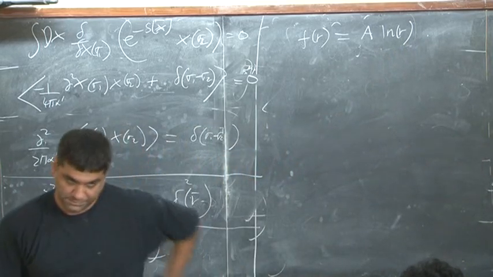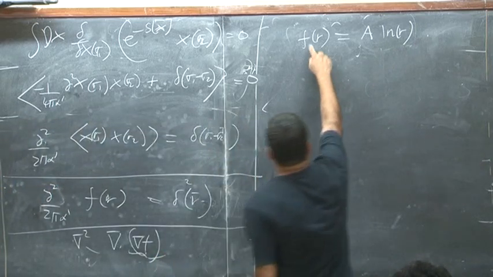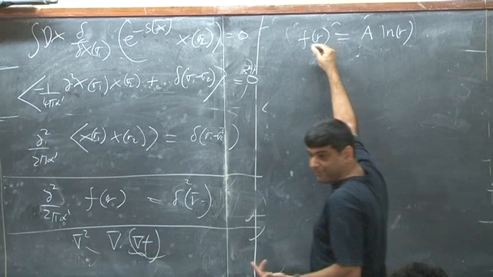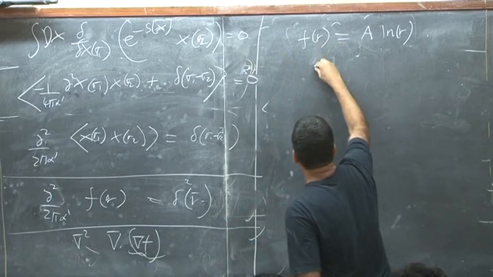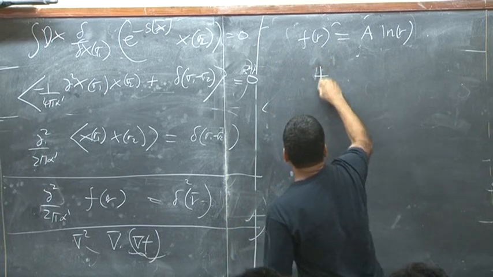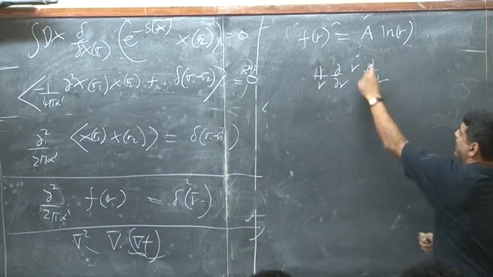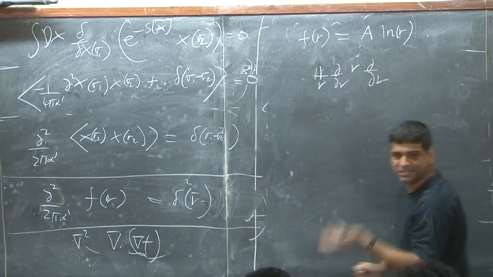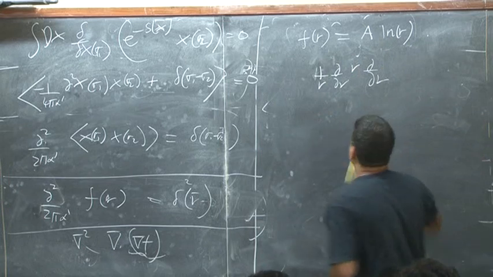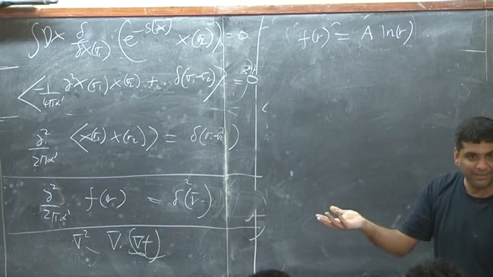Why? Because away from the origin everything's non-singular, and the formula for del square is 1 by r d by dr r d by dr. By d by dr on log you get 1 by r, the r cancels, and d by dr of a constant you get 0. But at the origin, log r is not killed by del square.